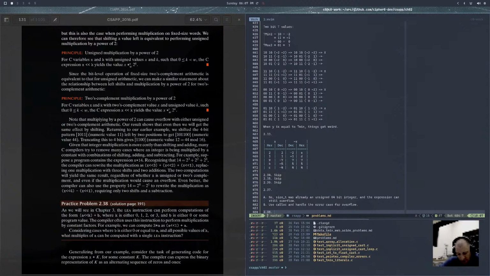The compiler often uses this instruction to perform multiplications by constant factors. For example, we can compute 3 times a as a left shift 1, which would be 2 times a, plus a. Considering cases where b is either 0 or equal to a, and all possible values of k, what multiples of a can be computed with a single LEA instruction?